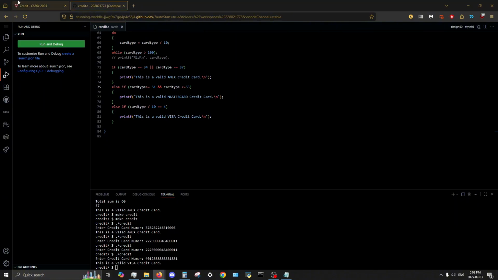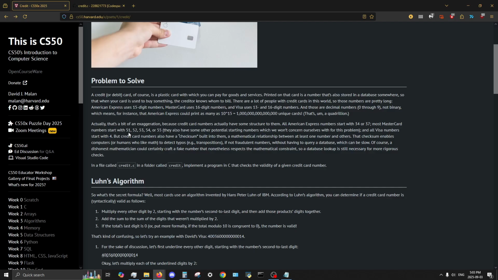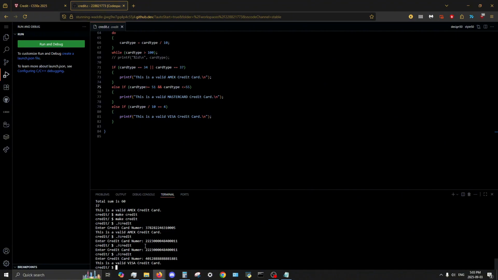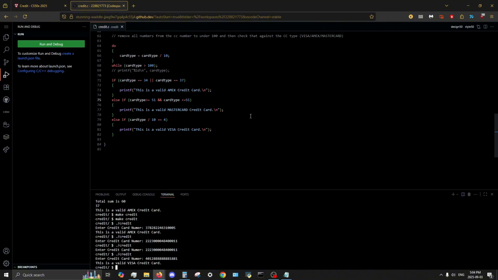So MasterCard is anywhere between 51 and 55. That's not a valid MasterCard number. Okay. Wait, if they put the wrong card number, what happens? So, okay. So then we need to add another else.